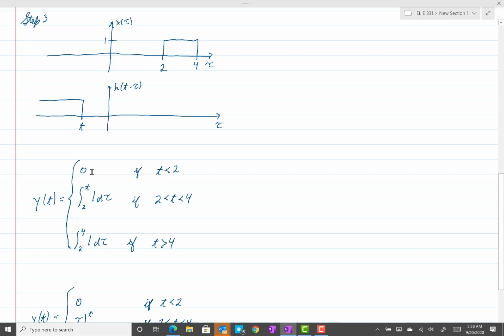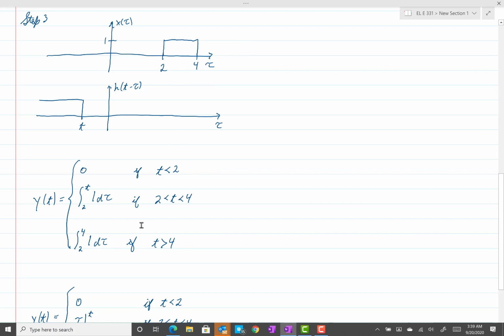Now, once t gets past 2, we begin to have overlap. But we need to be careful, because we're going to get one expression if t is somewhere between 2 and 4, but then we're going to get another expression once t gets past 4.